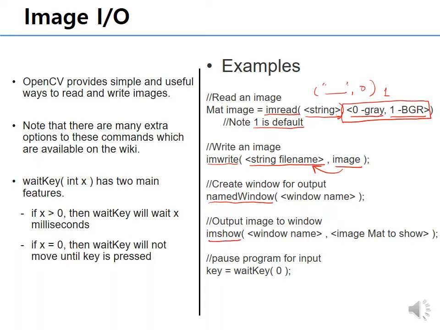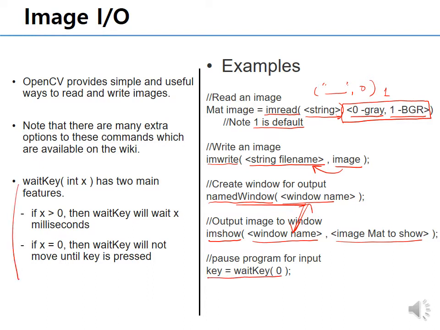So imshow is for outputting an image to a window. And the window name should be the same. And the Mat to show, so the image. So we already met the waitKey(0) here.